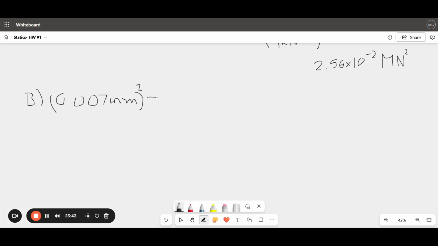So that is going to be 0.000049 millimeters squared.